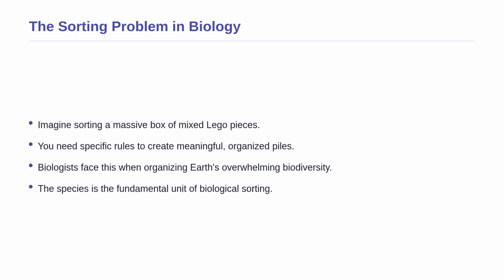We need a reliable way to organize them into distinct groups so we can study how they live and evolve. Just like you need a specific rule to sort your Legos, biologists need a specific set of rules to decide if two animals belong to the same group. This fundamental unit of sorting is what we call a species.